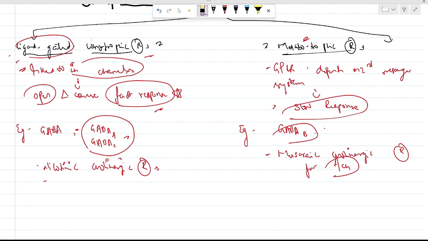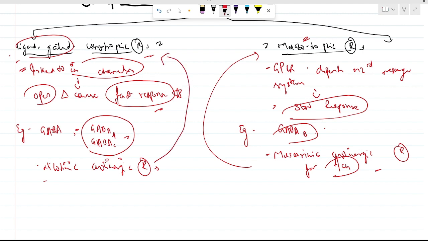Pardon me for the spelling. These muscarinic cholinergic receptors for acetylcholine are examples of metabotropic receptors. These nicotinic cholinergic receptors are examples of ligand gated ionotropic receptors.